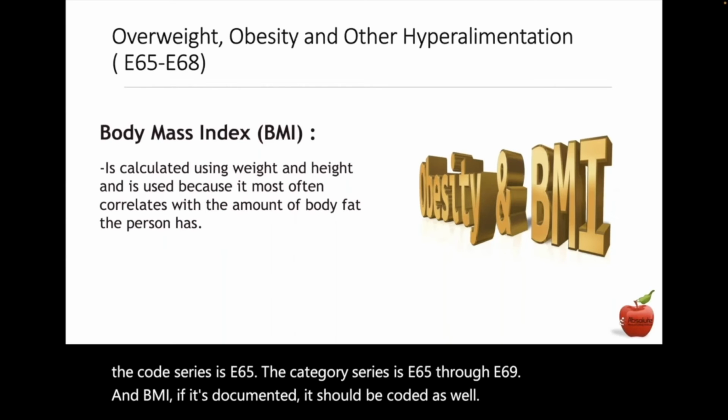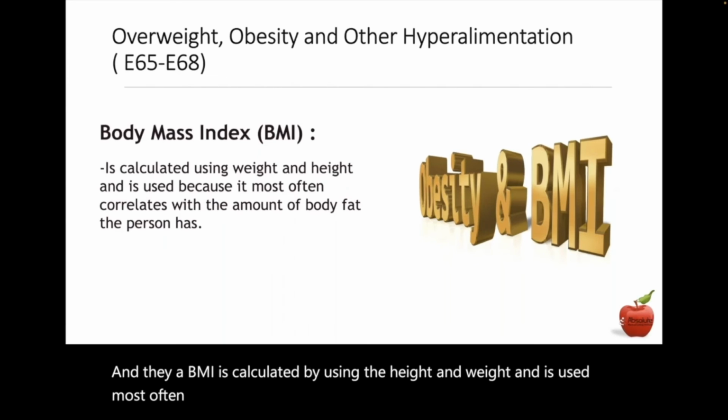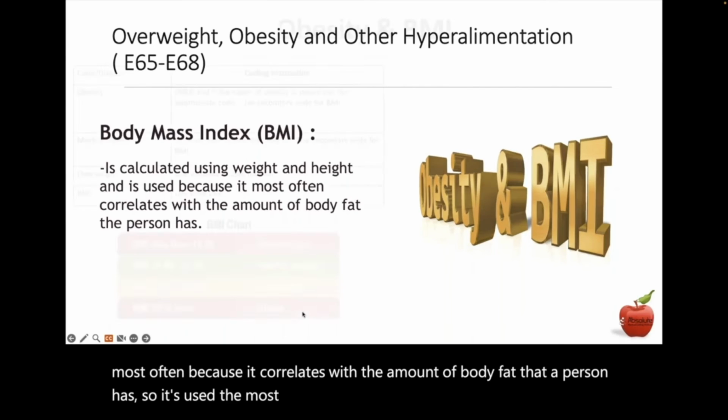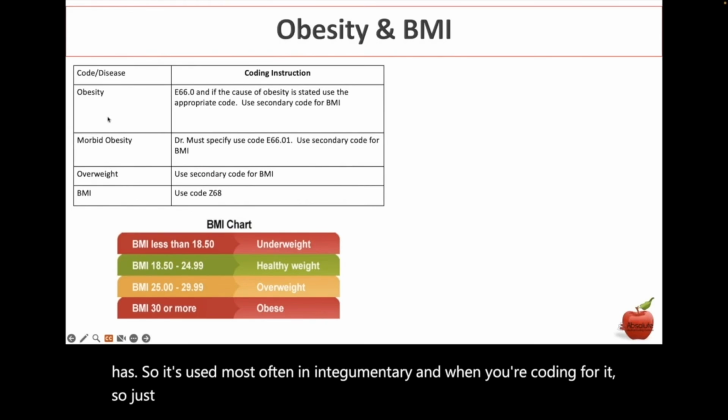A BMI is calculated by using the height and weight and is used most often because it correlates with the amount of body fat that a person has. So just want to make you aware of the obesity codes. Code to the documentation.